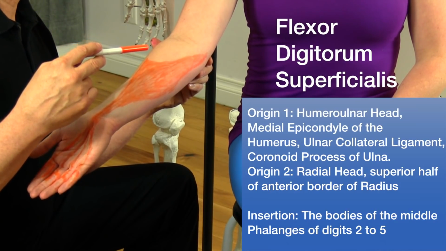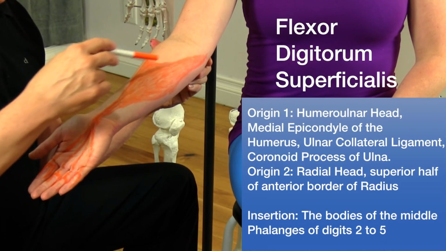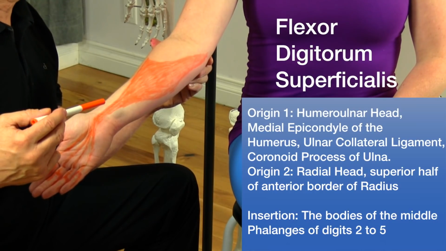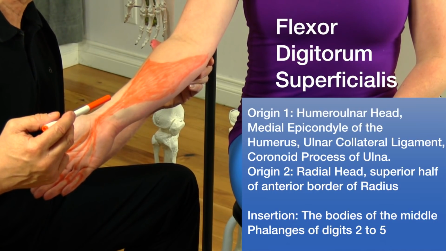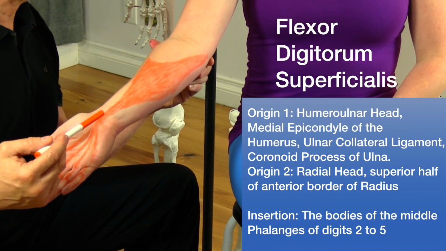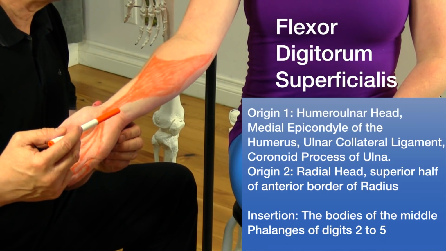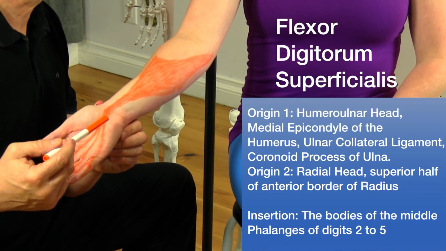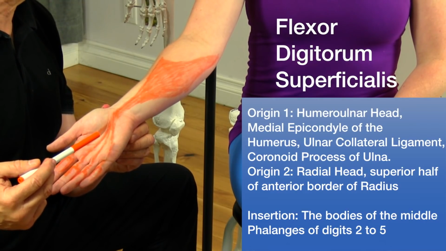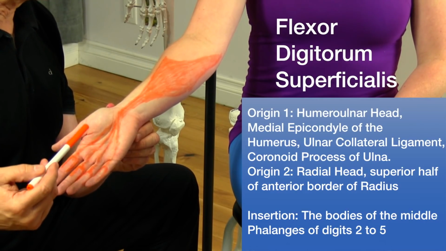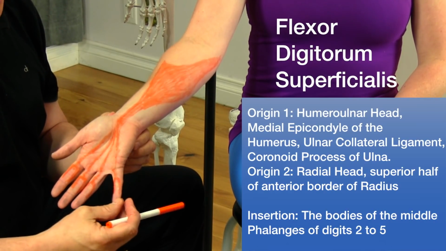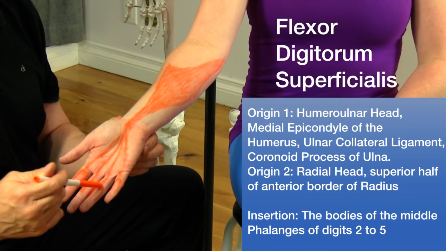Now, the muscle splits into 4 tendons as it goes farther down the arm here, which pass through the carpal tunnel, superficial to the tendons of the flexor digitorum profundus, and they split into Y shapes to accommodate passage of the profundus tendons and insert bilaterally on the middle phalanges of the fingers 2 through 5. So if we see here, it splits and then it goes on each side of the finger here.